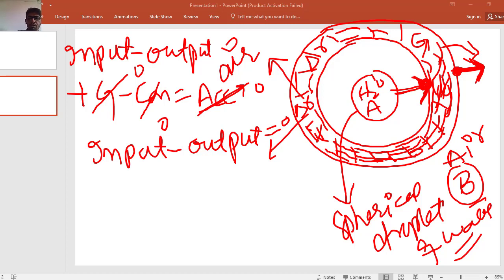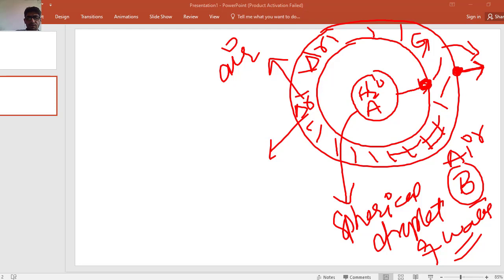Component A coming into the stationary surface will be equal to component A coming out from this stationary layer around the water droplet. So input minus output is equal to 0. We can further write this in the form of flux.